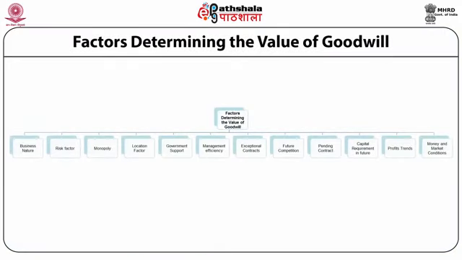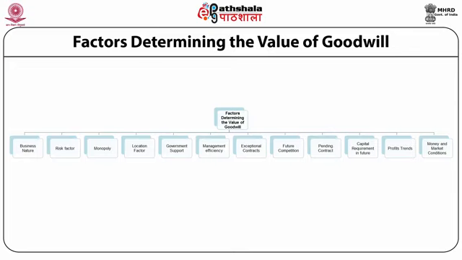Value of goodwill changes. Value of goodwill changes from time to time with changes in factors of goodwill, as there are various factors determining the value of goodwill. Factors determining the value of goodwill are shown in the present slide.